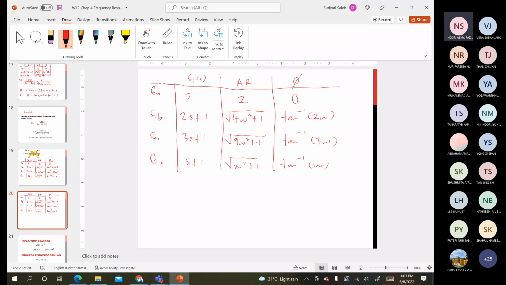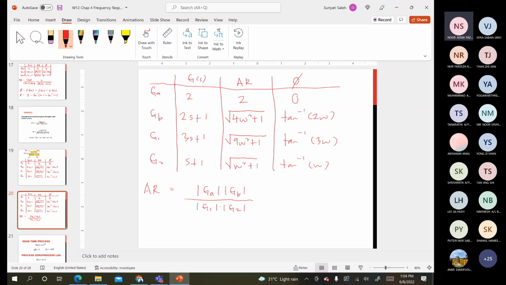So for this part, you need to have the AR, where the AR here is based on the arrangement of your transfer function: GA multiply with the GB divided by G1 multiply with the G2.